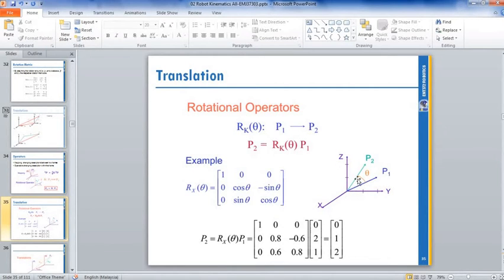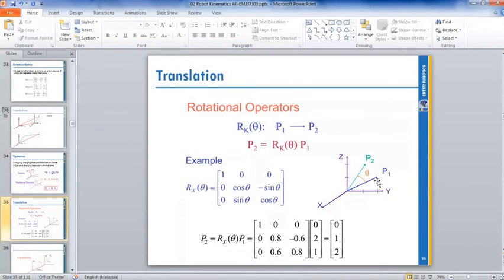And then if you are going to rotate from P1 to this side, that means you rotate on the Z axis. So you apply the RZ formula. So you can easily define the new position of P3, for example.